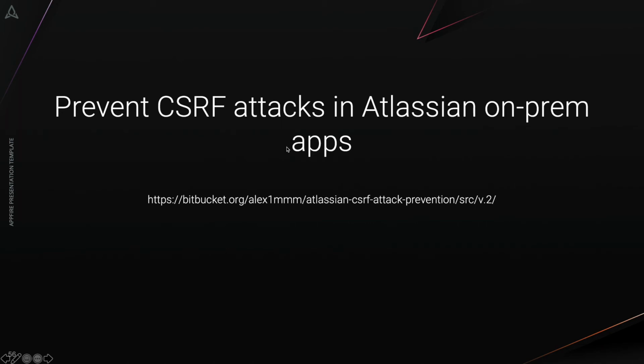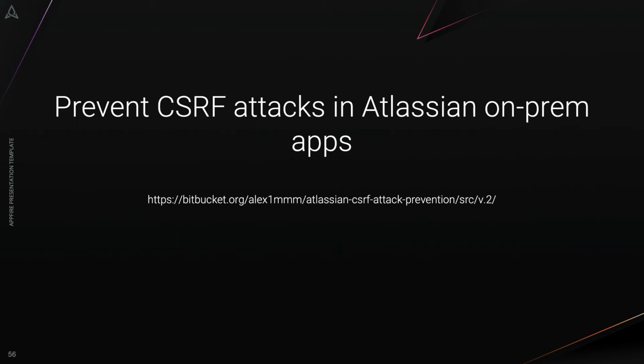Okay, so how are we going to prevent CSRF attacks in Atlassian on-prem? Atlassian by default supports CSRF token prevention. But it doesn't mean that if you created something by default, your applications will not be vulnerable to CSRF attacks. Your applications will be vulnerable, but Atlassian will be creating a CSRF token by default.